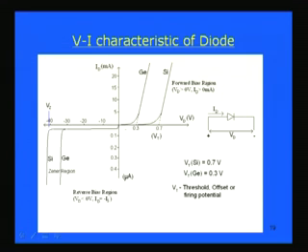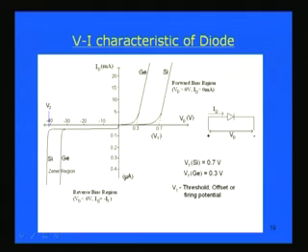That means, when the voltage applied across the diode is less than 0.3 volt for germanium and 0.7 volt for silicon, there will be no current flow in the diode because the barrier potential is not overcome. After it is increased beyond 0.3 volt for germanium, you will find that the current rises almost exponentially.